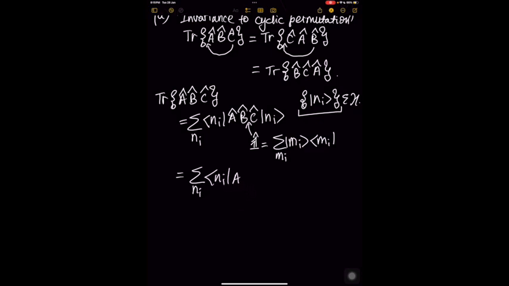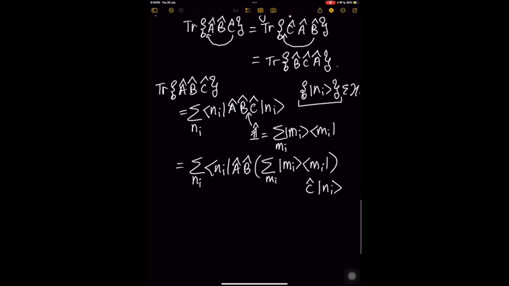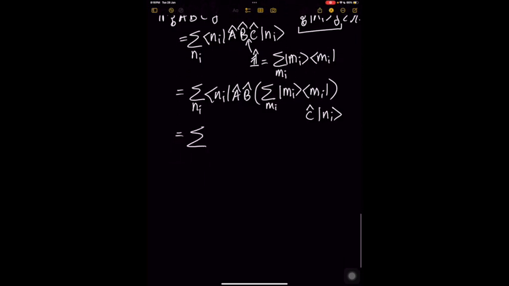So you get bra n sub i, A hat, B hat, then put this in, ket m sub i, bra m sub i, C hat, ket n sub i. So I can pull the summation out, the sum over both the indices n sub i and m sub i. Then I get bra n sub i, A hat, B hat, ket m sub i, bra m sub i, C hat, ket n sub i.